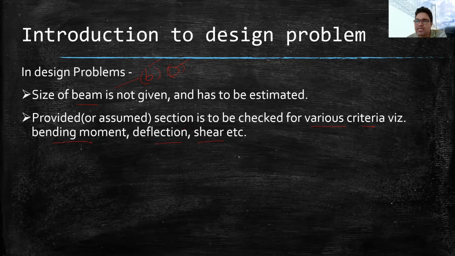So before designing any beam, we need to understand the modes of failure of the beam. So a beam can fail under bending, it may fail due to the deflections, it may fail due to the shear. So all these checks have to be carried out to ensure that the chosen value of the section is safe.